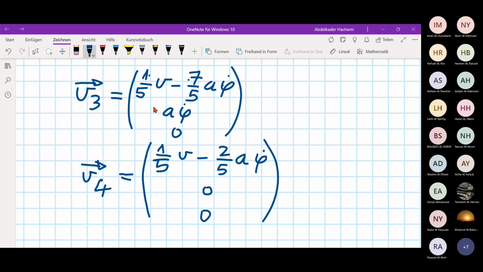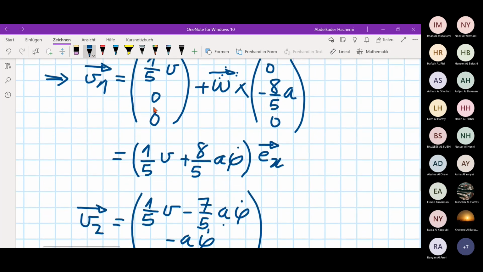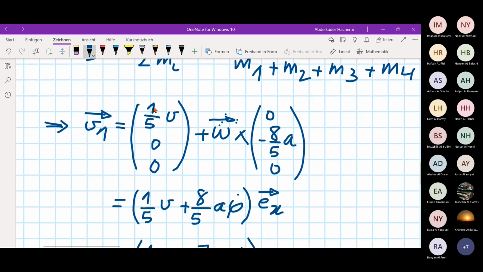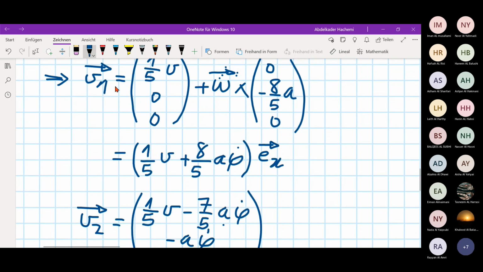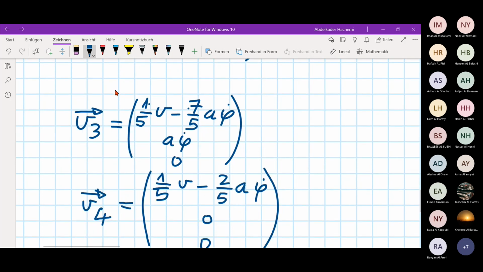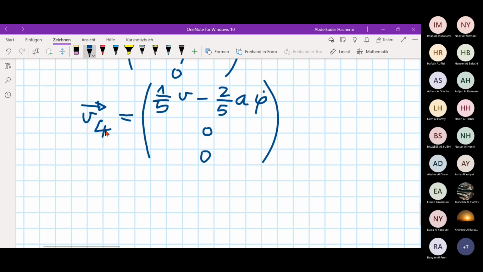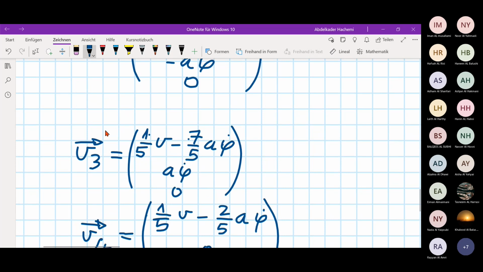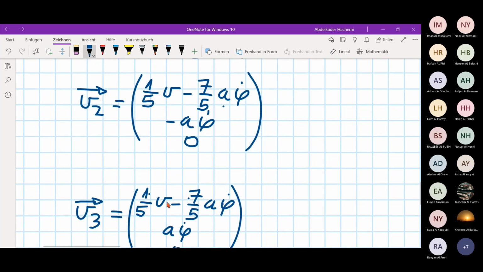Then it means now here we have all velocity of the mass m1 to m4. Okay, now the value of v, let's say the initial velocity of the mass m4, it's given.